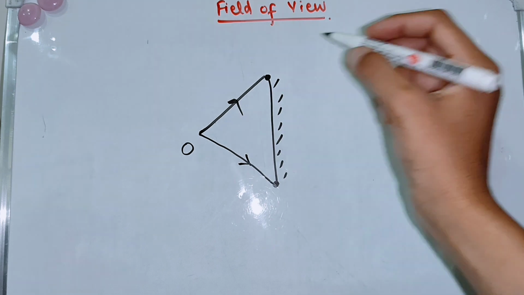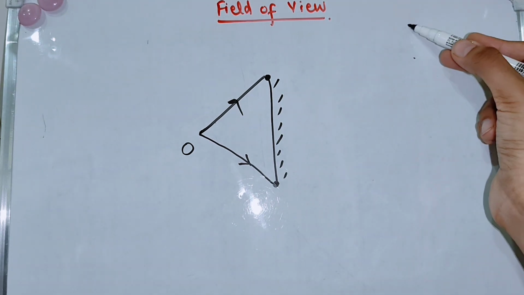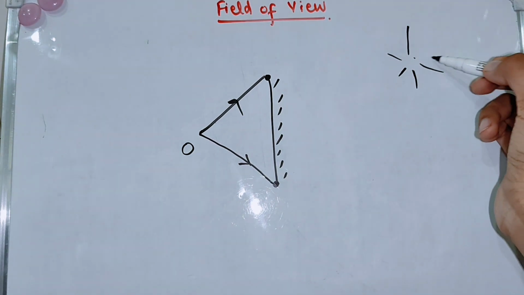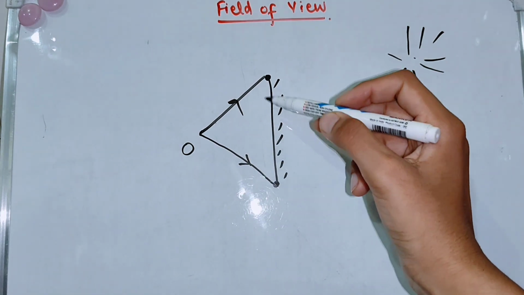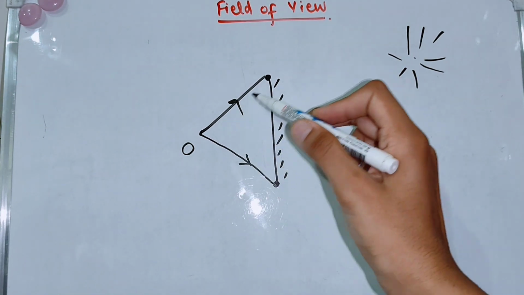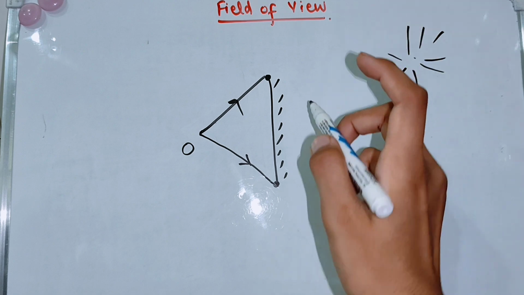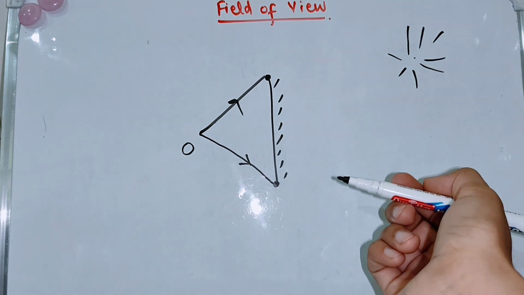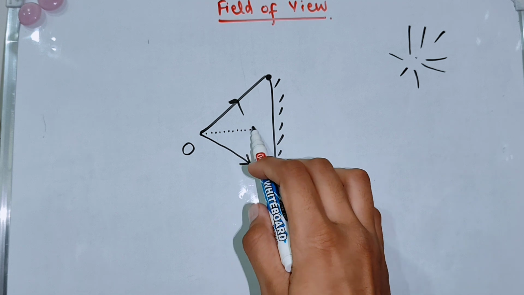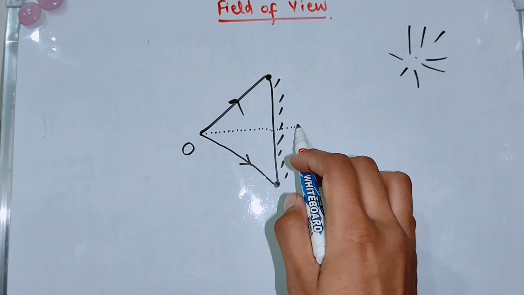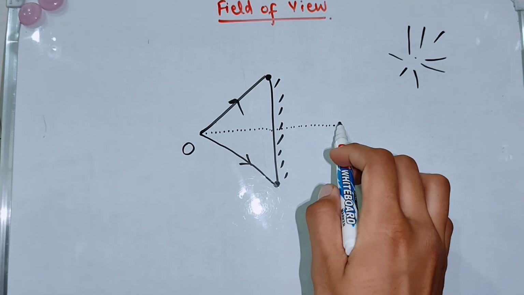As we know that from an object infinite light comes out. So over here I am taking these 2 lights which are going to the extreme ends of the mirror. Now I know that it is a plane mirror, so at the same perpendicular distance an image will be formed. So I'm going to draw that image over here.